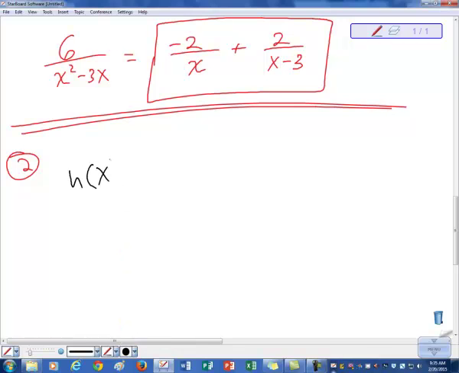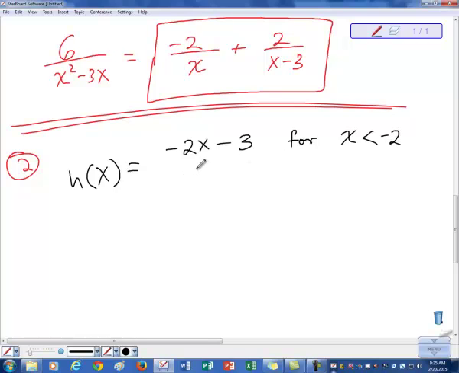h of x equals negative 2x minus 3 for, now you could say if or for, it really doesn't matter, x is less than, let's say, negative 2.